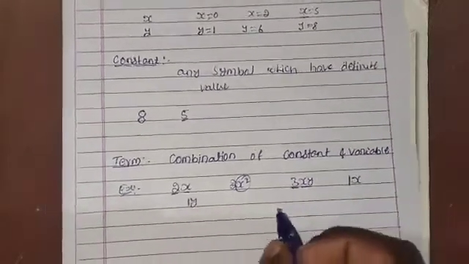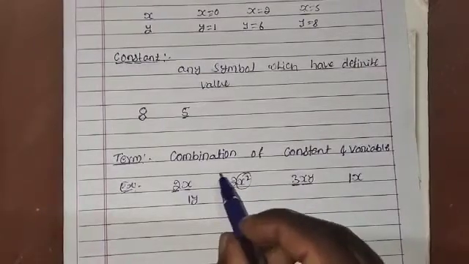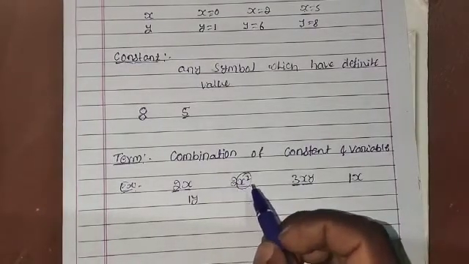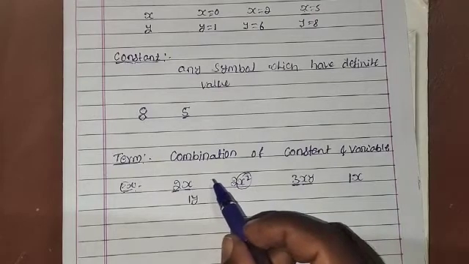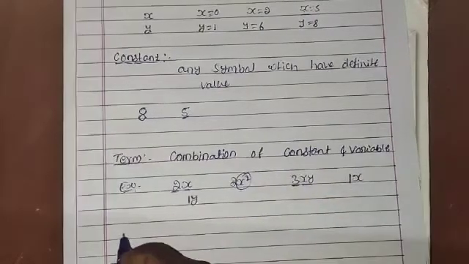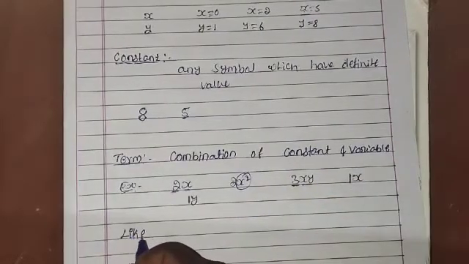Next, there are two types of terms: like terms and unlike terms. The first one is like terms.